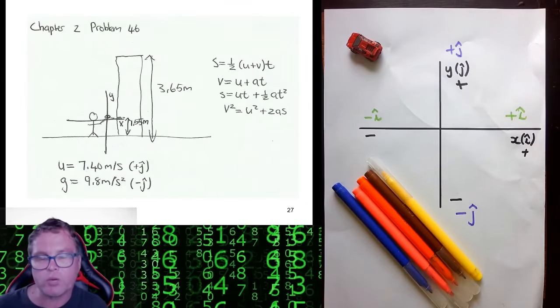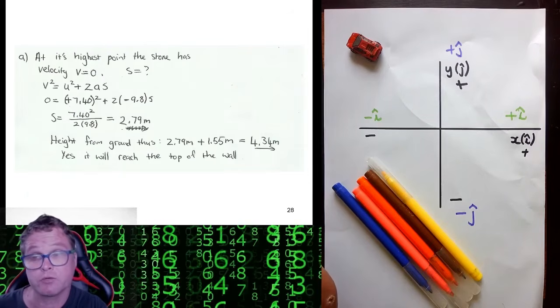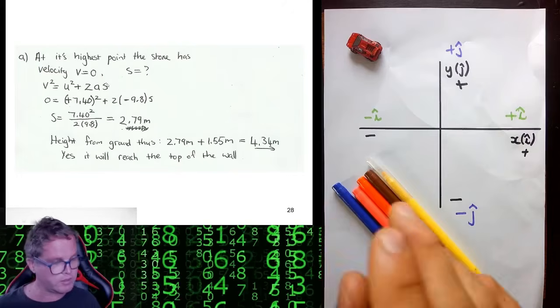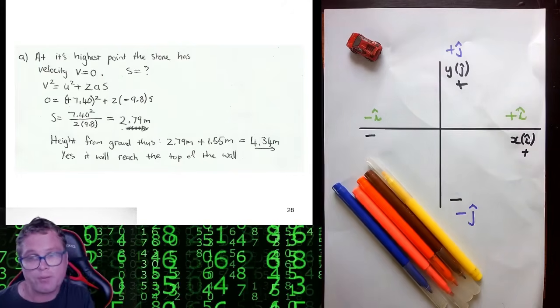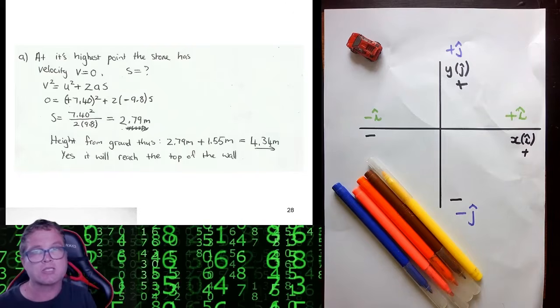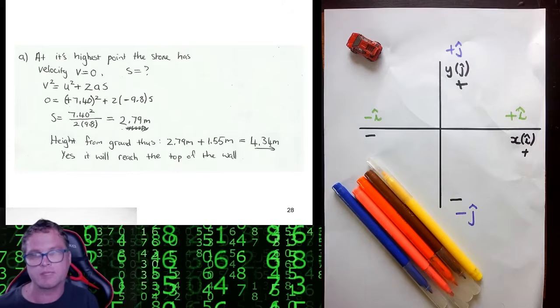Of course, the four equations of motion we have available are shown here, all in the y direction. So at the highest point, the stone will have a velocity of 0. When the stone reaches the top of its trajectory, it stops before it falls down again. So at the very top, its velocity will be 0.